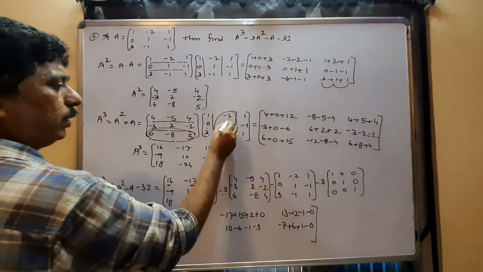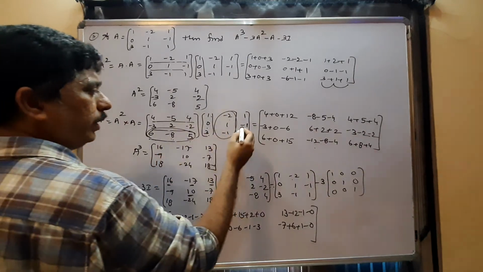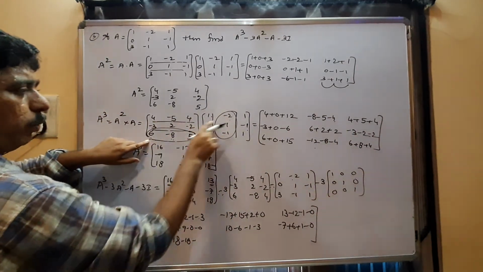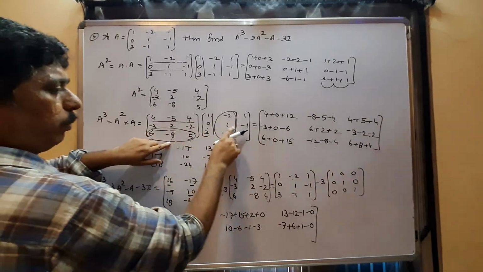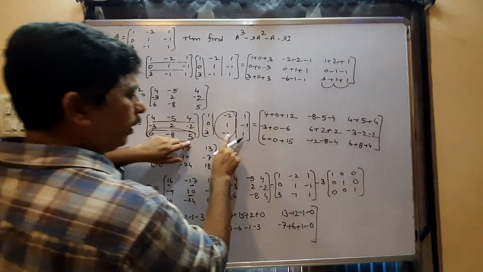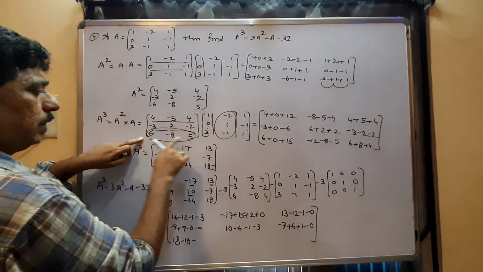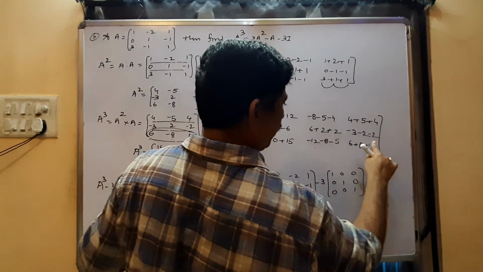Same: 6 into 1, sorry. 6 into minus 2, minus 12; minus 8 into plus 1, minus 8; 5 into minus 1, minus 5. So same as this, 5 into 1, plus 5 here.